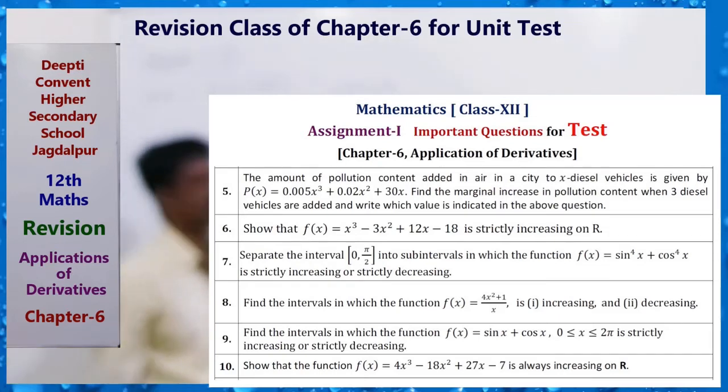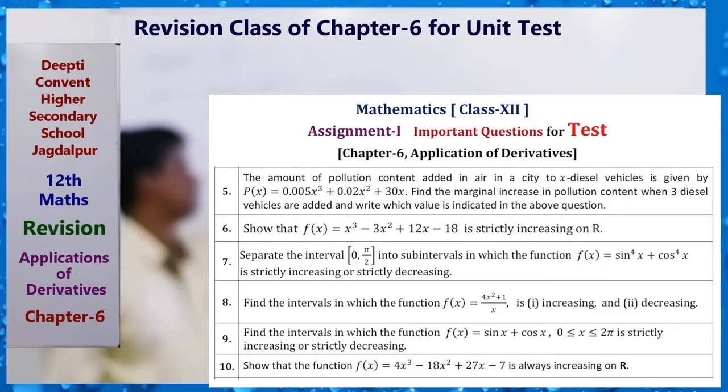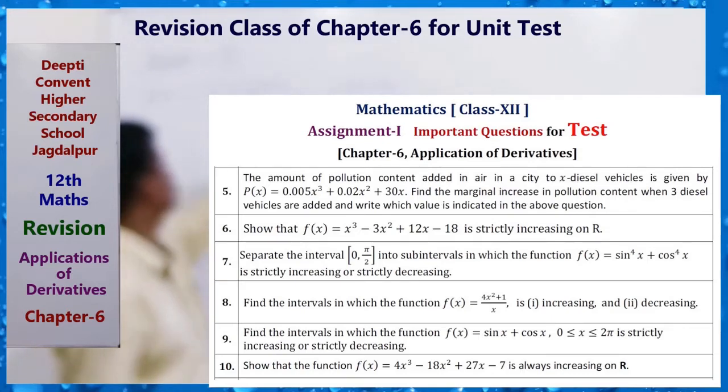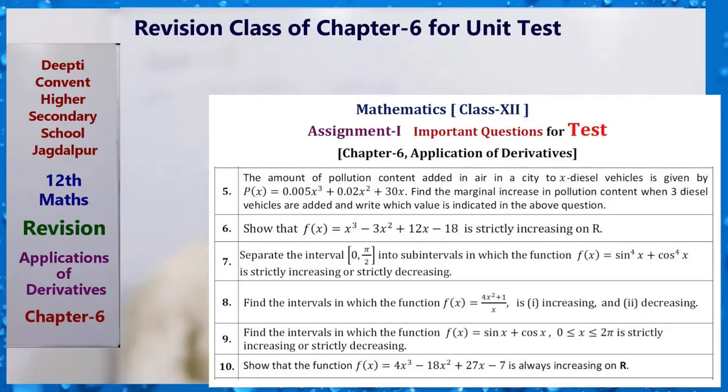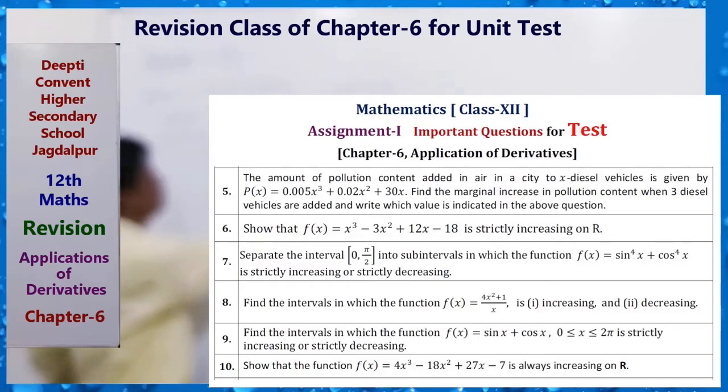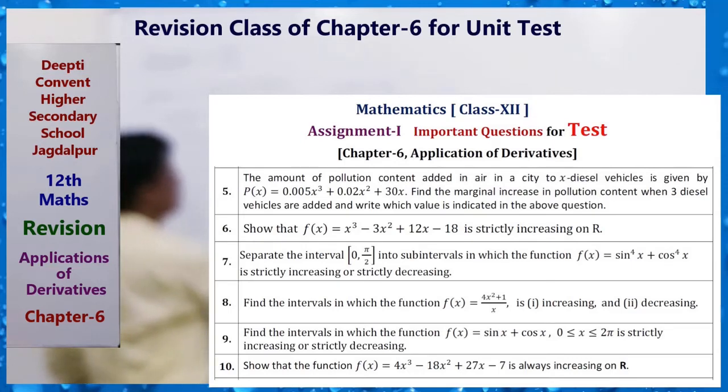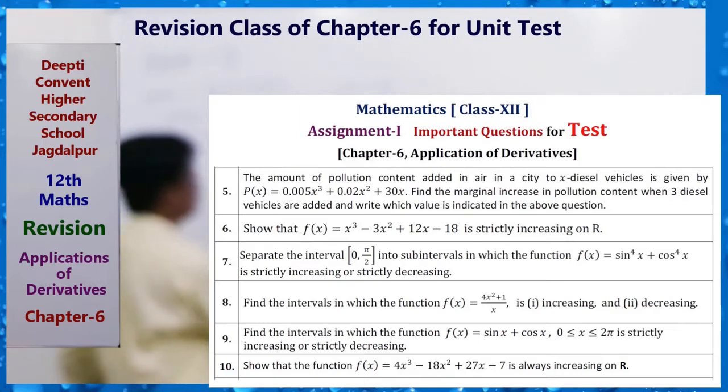So separate the interval. You have to separate the interval into sub-parts, in which sub-part the function is increasing or decreasing. Here we find the derivative. f dash x equals cos x minus sin x. Setting f dash x equal to 0 means cos x minus sin x equals 0, so cos x equals sin x, that is, tan x equals 1.